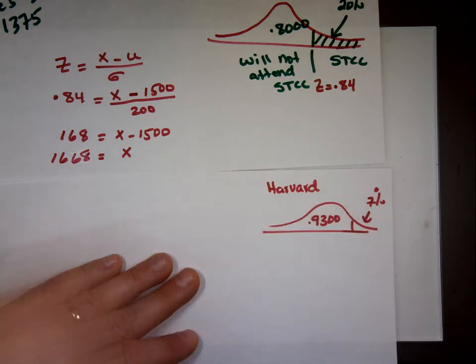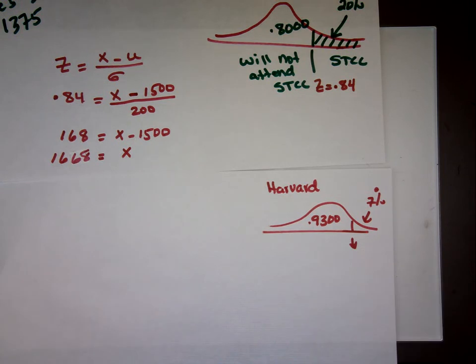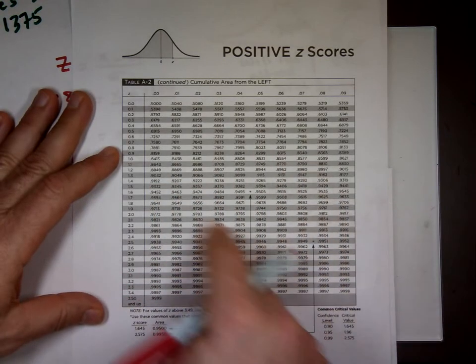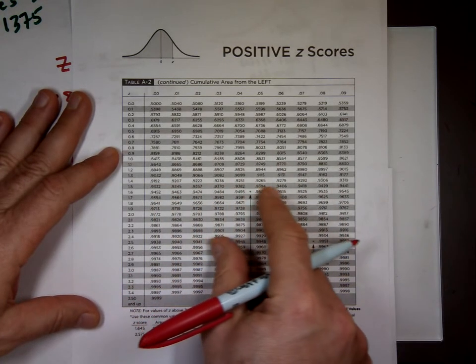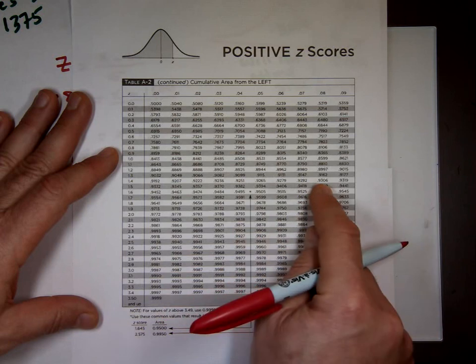That means the z value for 0.93, let me go inside that table, the closest number to 0.9300, keep looking till you get close to that. I got 0.9306, is that close enough? 1.48.